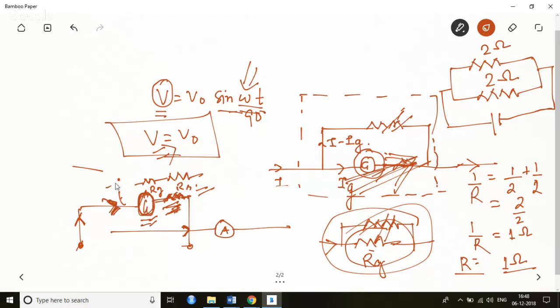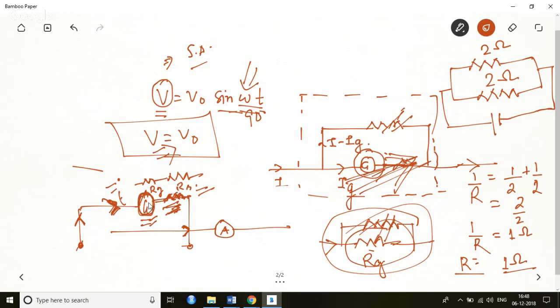Perhaps I forgot to tell you that the galvanometer is very sensitive to even a small amount of current. So why is a galvanometer used in place of an ammeter? Because a galvanometer can measure currents even in milli-range and something lesser than that.